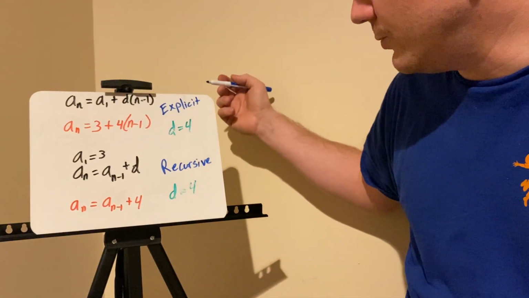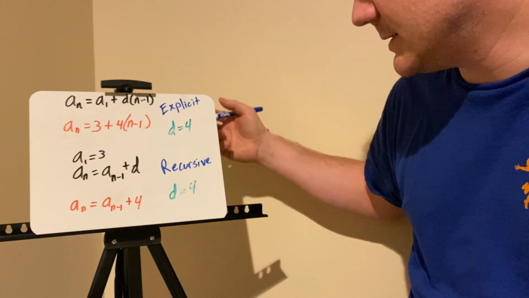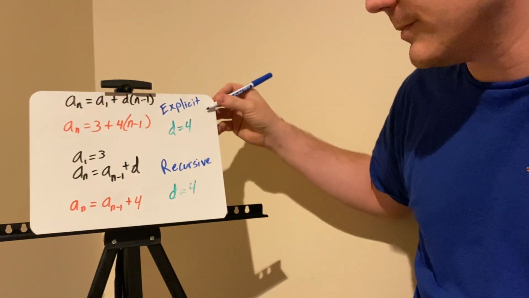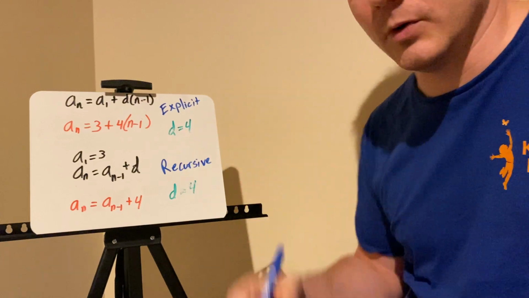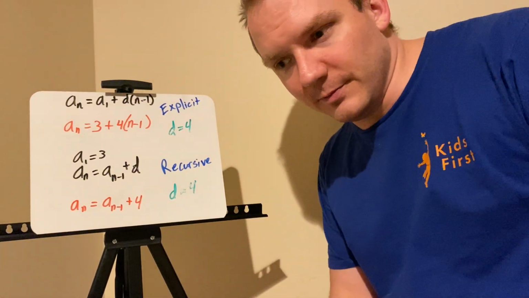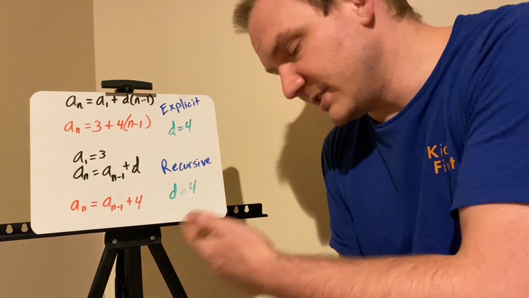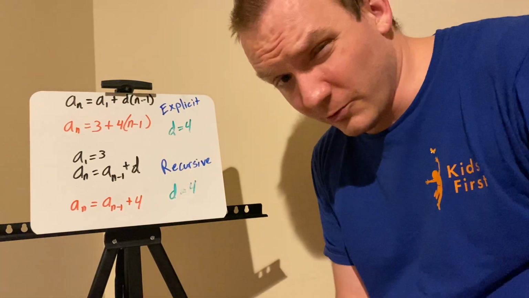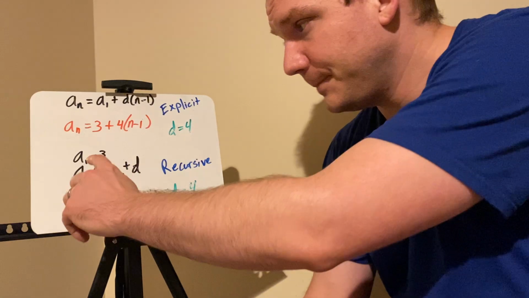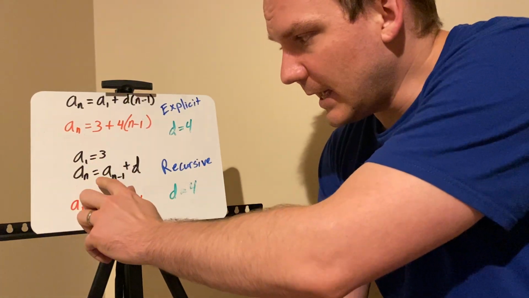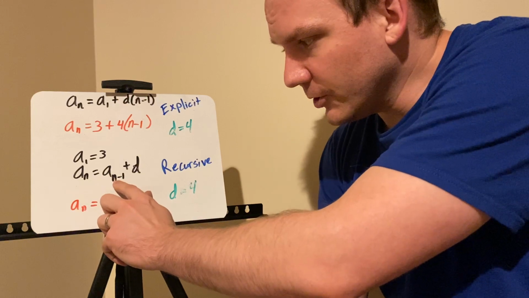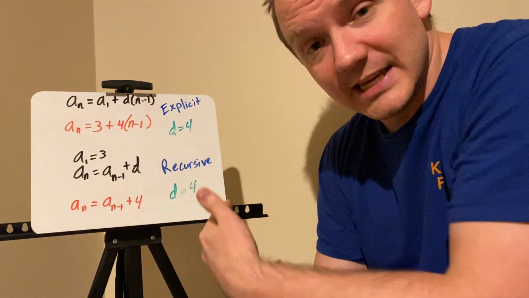So there are 2 ways to write this arithmetic sequence. You can use an explicit formula, that's the primary one we're going to use, or a recursive one. Recursive is more ambiguous and is more something referred to in programming. If you were to Google recursive functions, you're going to get a lot of things about programming computers. And that's where it tells you if a sub 1 equals 3, then a sub n is going to equal the term before plus d, where d is the difference.